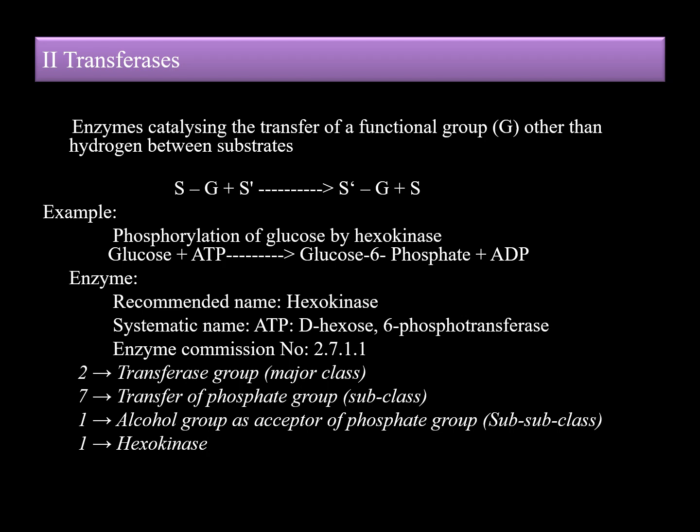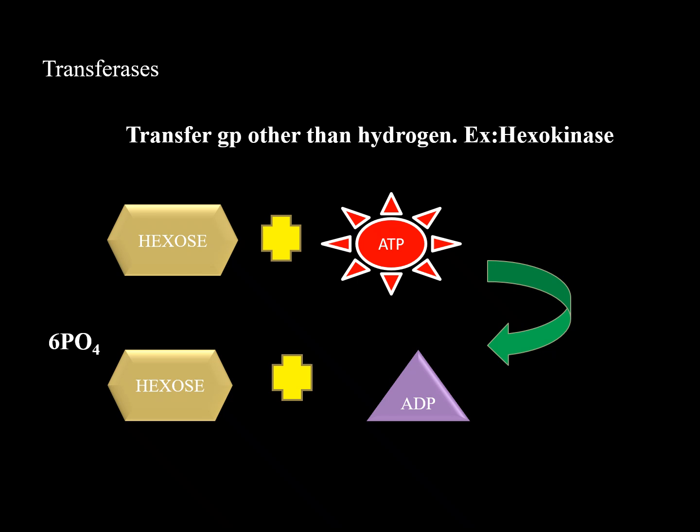Now we move to the second class, transferases. Transferases transfer a functional group from one molecule to another. Common groups transferred include the phosphate group, methyl group, amino group, and glycosyl group. Transferase reactions are very common in metabolism, especially in activation and conversion steps.